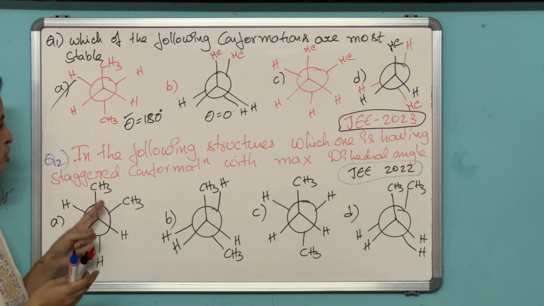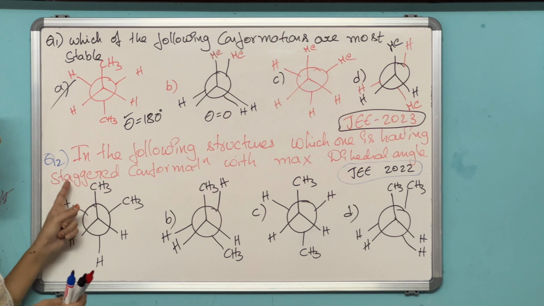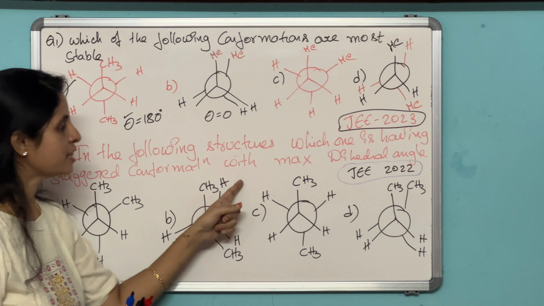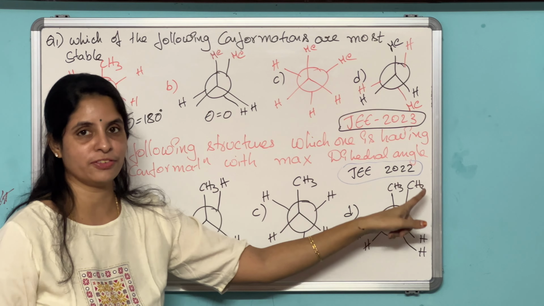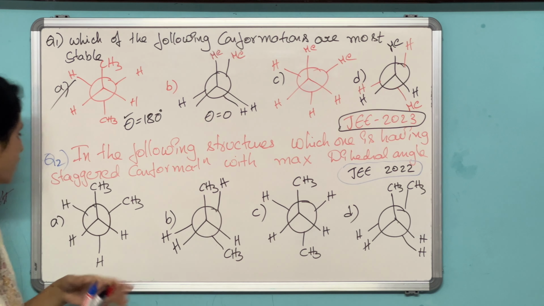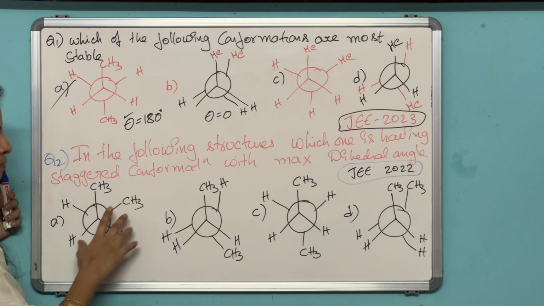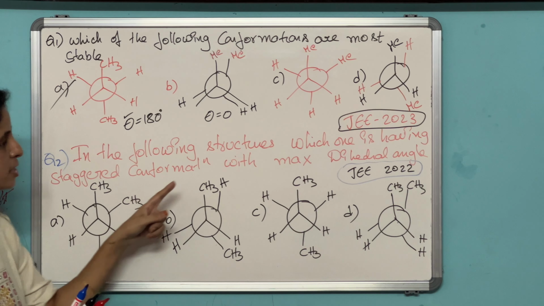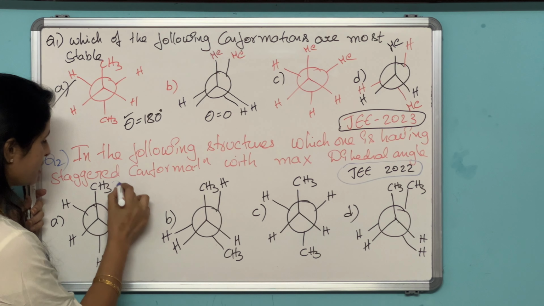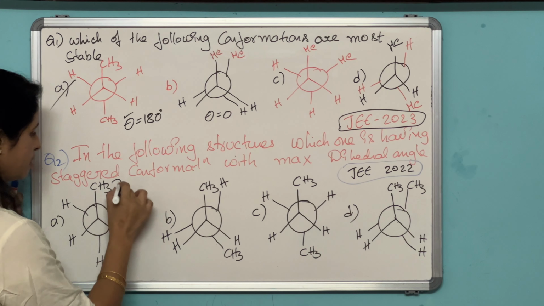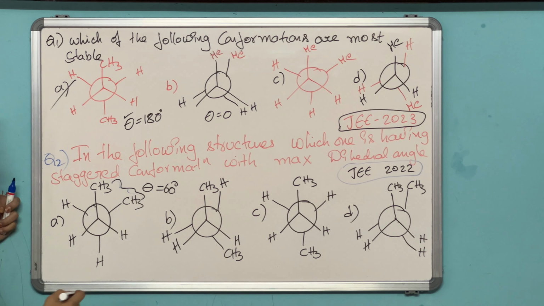Second question, look at this question. In the following structures, which one is having staggered conformation with the maximum dihedral angle? This was asked in JEE 2022. Here, this is gauche with a dihedral angle of 60 degrees.